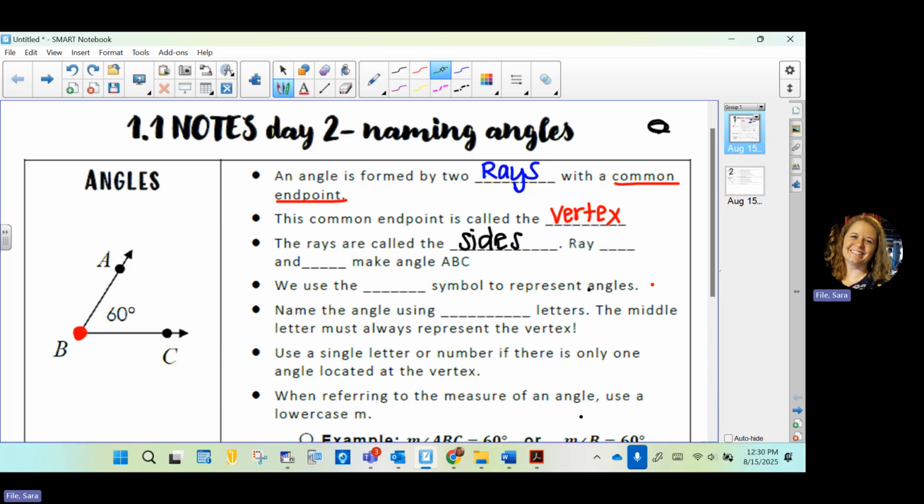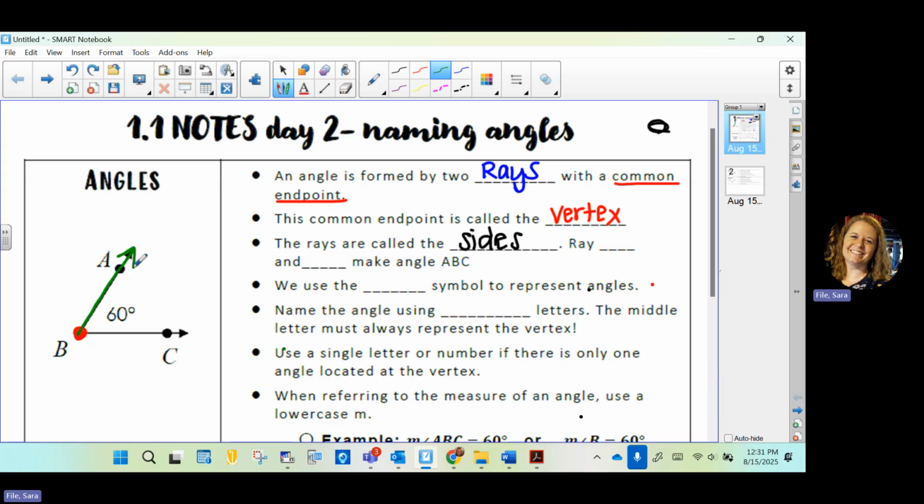Let's do this side in green. What would this green ray be called? What's the endpoint? A, B, or C? B is the endpoint of that green ray. And what point does the ray go through?